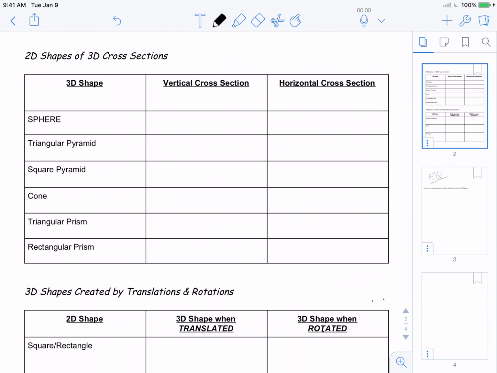When I say a vertical cross section, it is going to be perpendicular to the base. A horizontal cross section is going to be parallel to the base. So you have to remember what your base is.